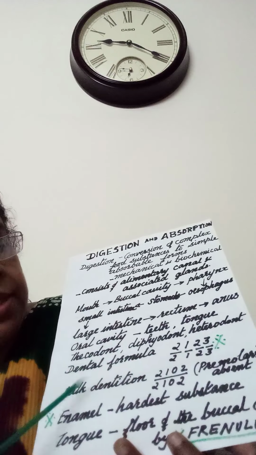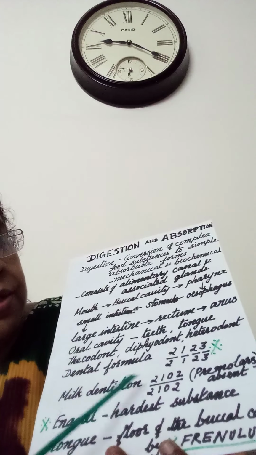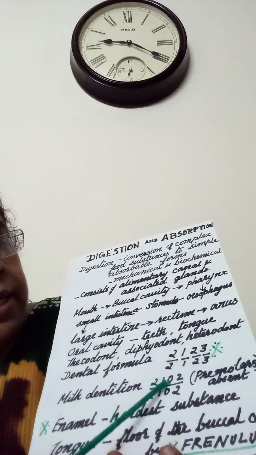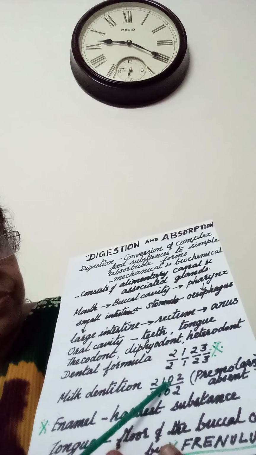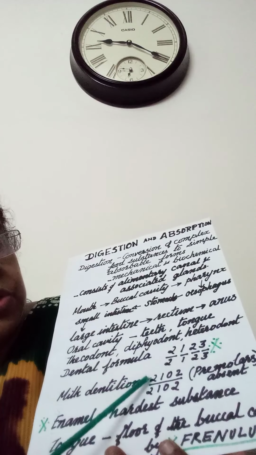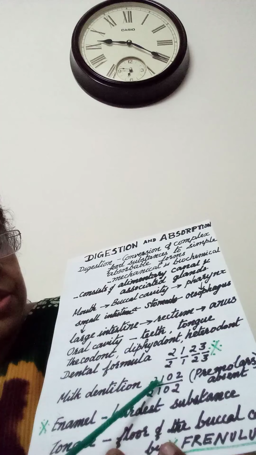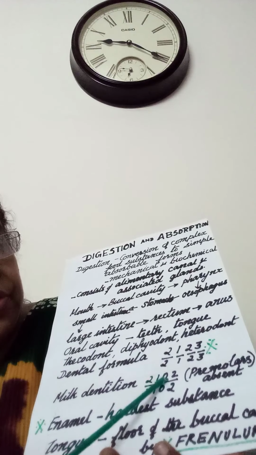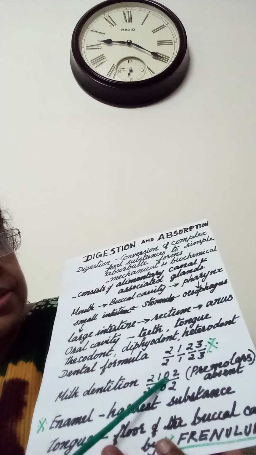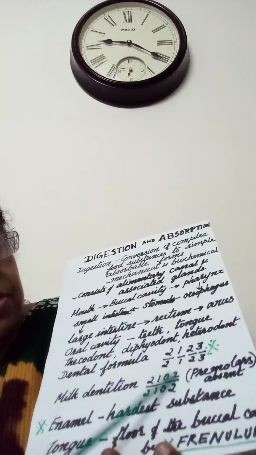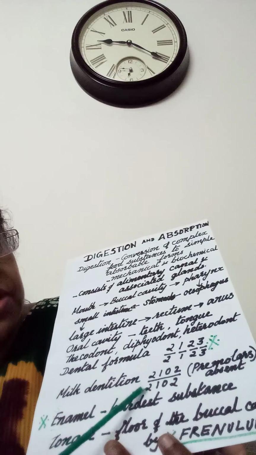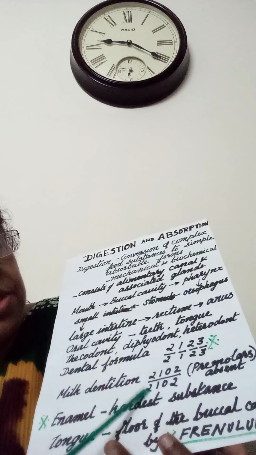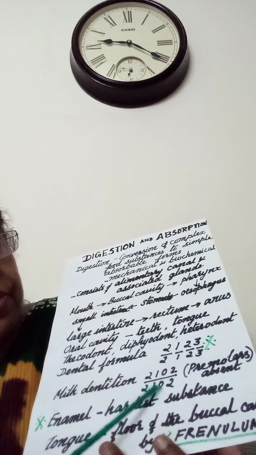Next, milk dentition, where premolars are absent. Here 2 incisors, 1 canine, no premolars, 2 molars. In the lower jaw also, each half will have 2 incisors, 1 canine, no premolar.